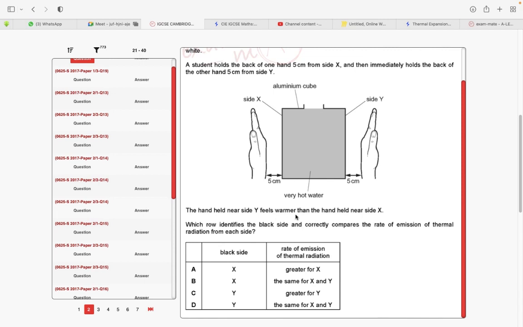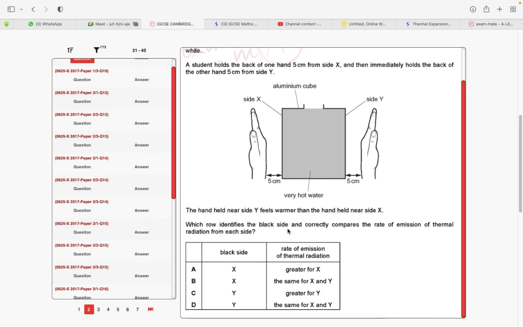No, we're supposed to find out. Now, which rows identify the black side and correctly compare the rate of emission of thermal radiation from each side?